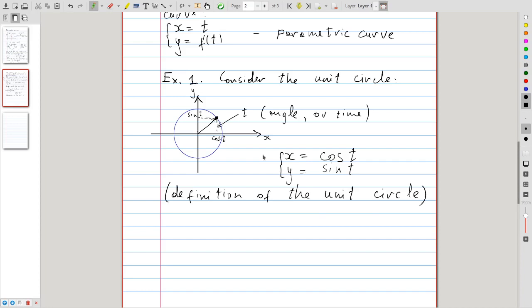So of course you can verify that a point with these coordinates for any t between minus infinity and infinity lies on the unit circle by doing the following. So verify that the point with coordinates cosine t, sine t is on the unit circle, like so.